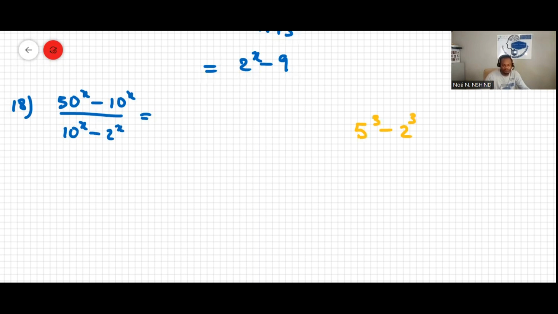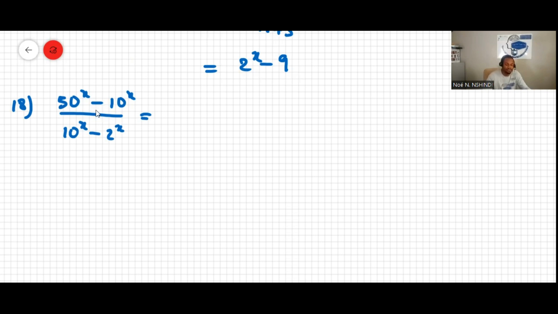If you say this is 5 minus 2 is 3, 3 to the power of 3, let's check. 5 to the power of 3 is 125. 2 to the power of 3 is 8. 125 minus 8 is 117, while 3 to the power of 3 here is 27. You see that they're not the same. So we need to have a common base to add or subtract these exponents.